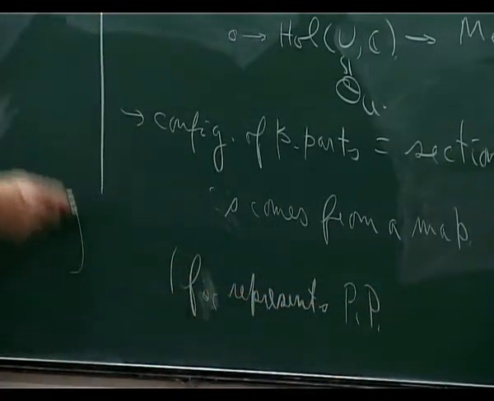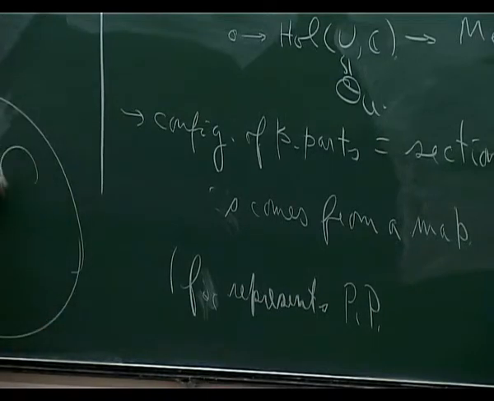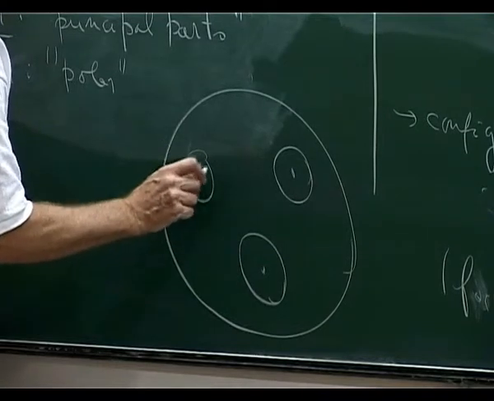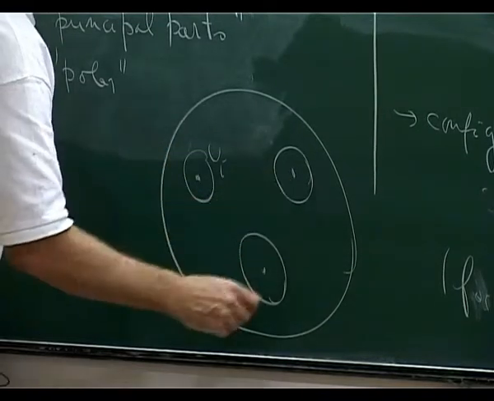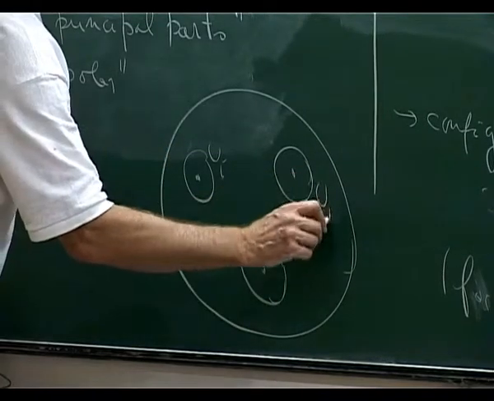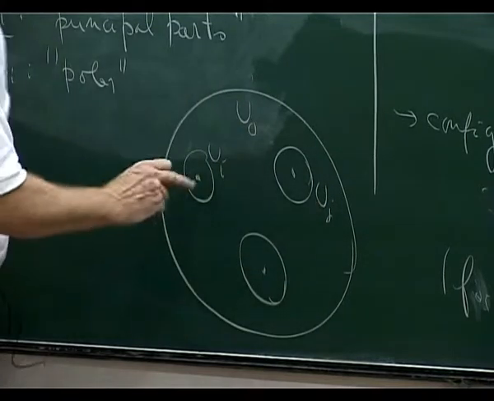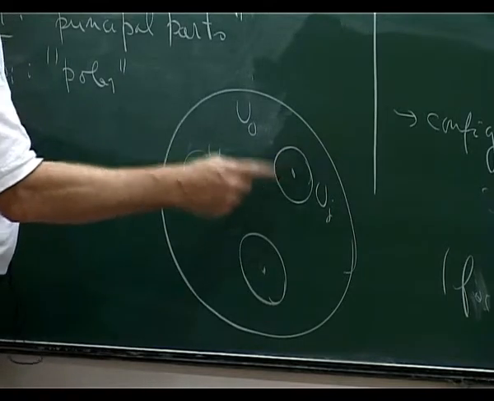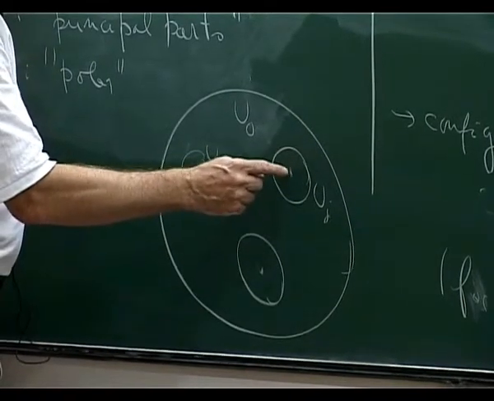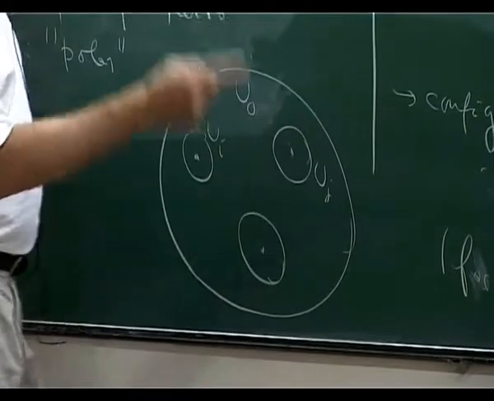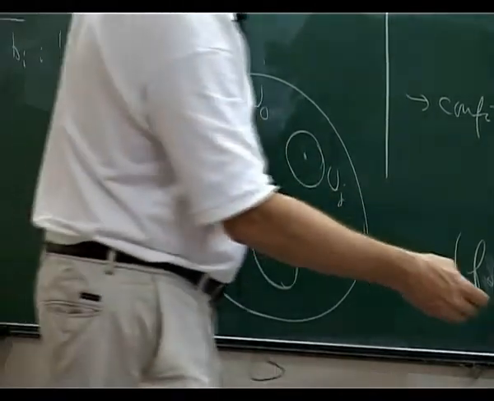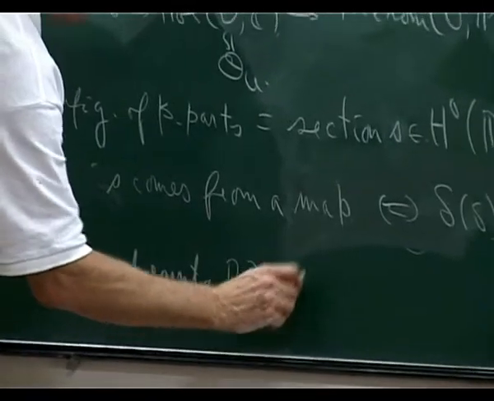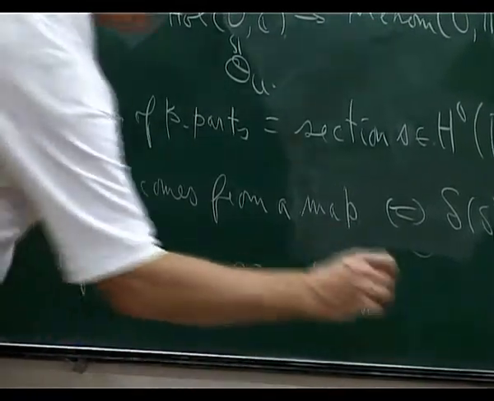So I'll cover P1 with open sets: disks U_i around each of the principal parts, and a big open set U_0, which is the complement of the points. Basically, I can take a holomorphic map on the punctured disks because it's meromorphic. I take f_{0i} that represents the principal part, and then I just write out a cocycle.